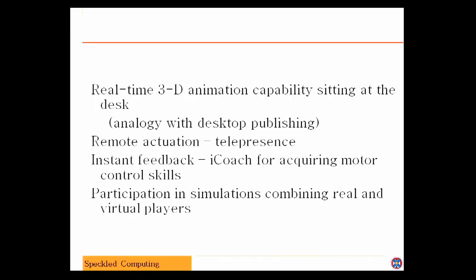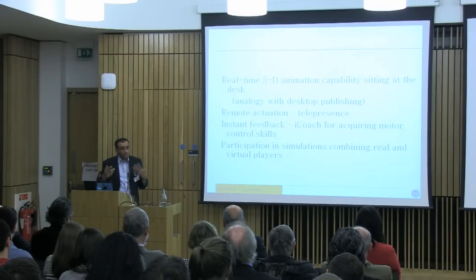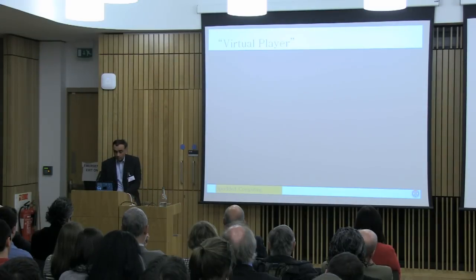Or could we use this to animate, say, an avatar in the virtual world, where you have simulations and you can combine real players with virtual players? That's what I'm going to show you first.